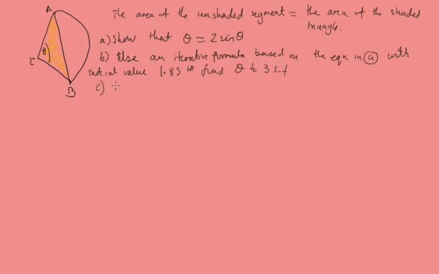And finally, find the length AB given AC is 8 centimeters. Okay.